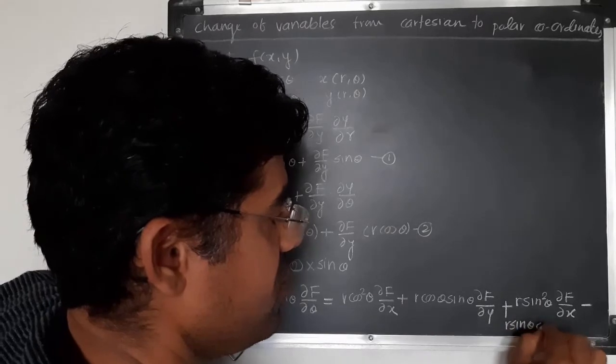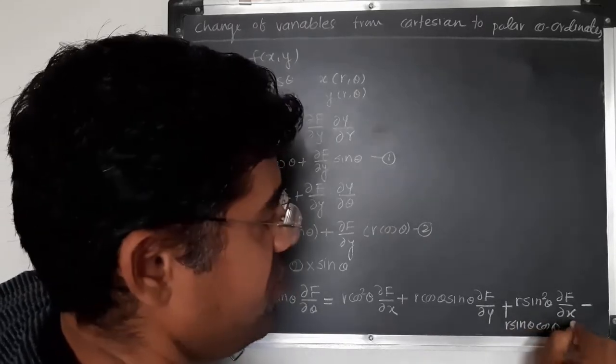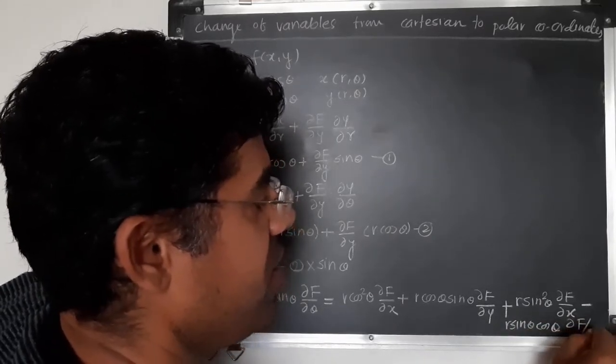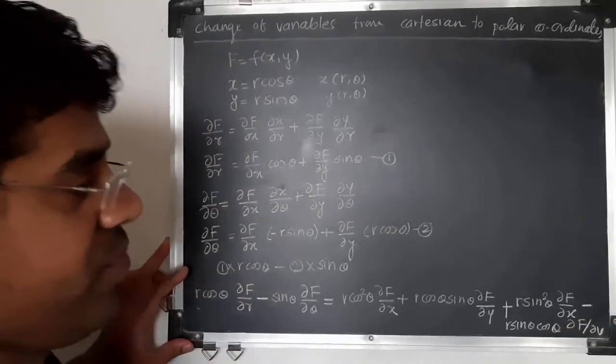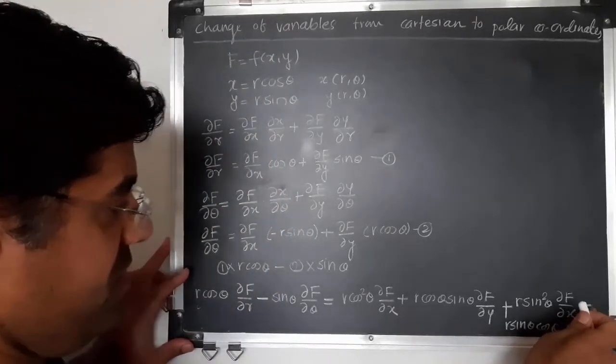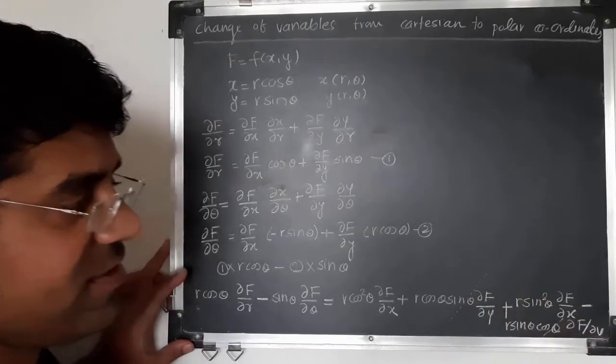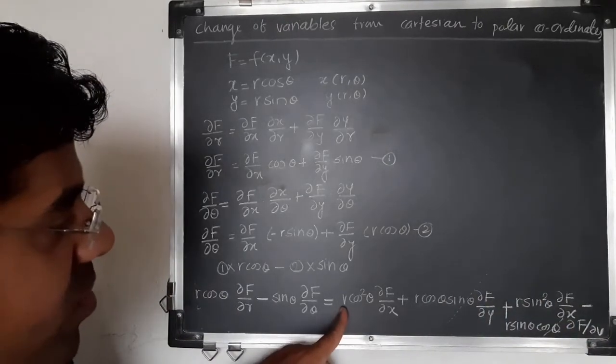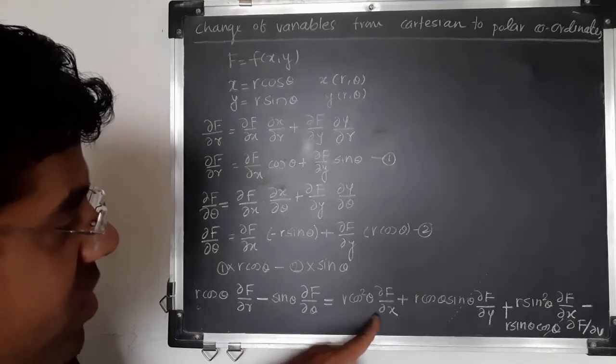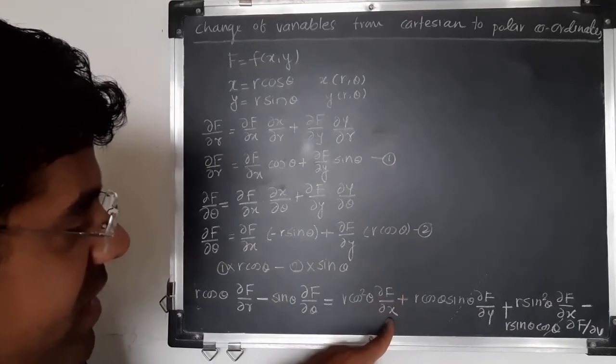sin theta cos theta ∂f/∂y, so this is your minus sign, this is your plus sign, so this gets cancelled. I will take r common inside the bracket, remaining r ∂f/∂x, I will take a common.